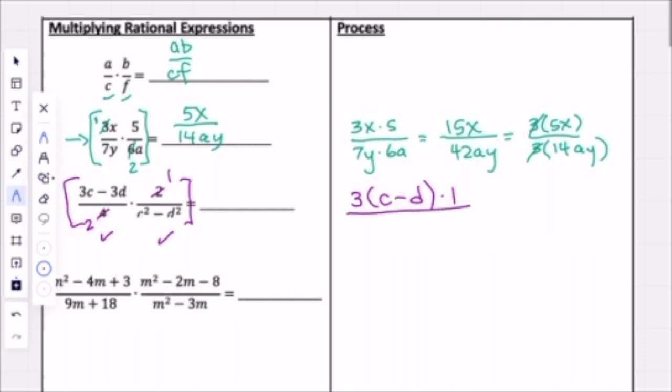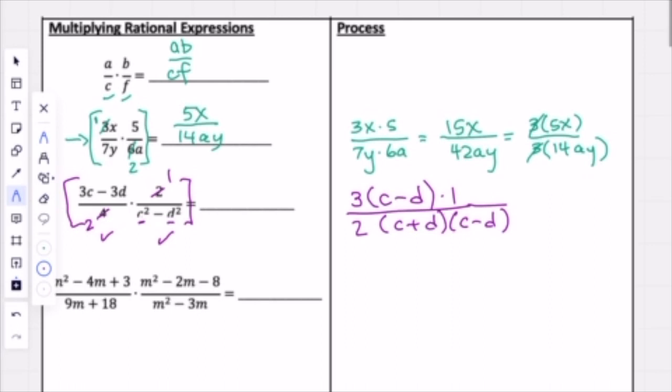All right, so that's our numerator when it's multiplied. In the first rational expression, I have a factor of 2. And in the second rational expression, I have a difference of squares pattern here with the c squared minus d squared. So that is going to factor into c plus d times c minus d. Now, when I look at what I've arrived at here, I do see some common factors.